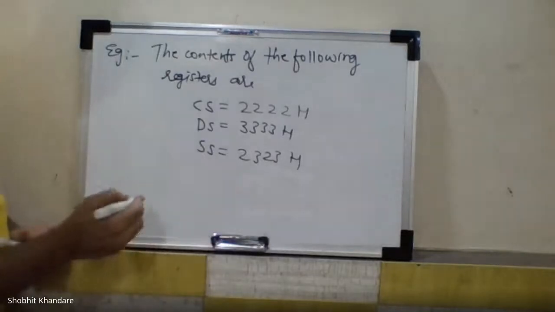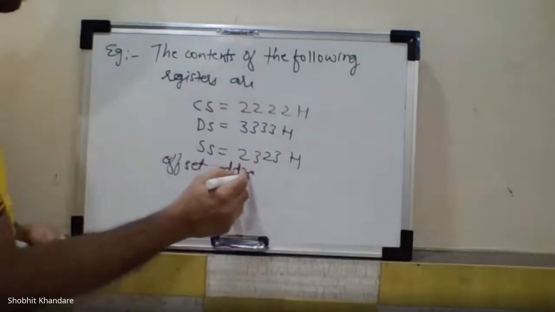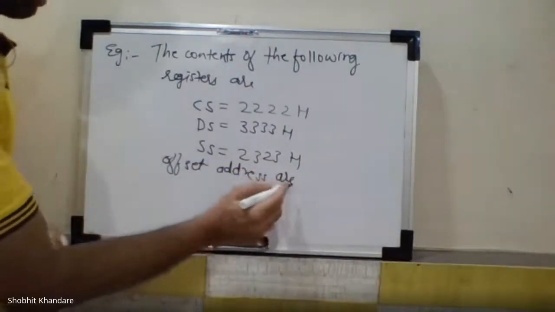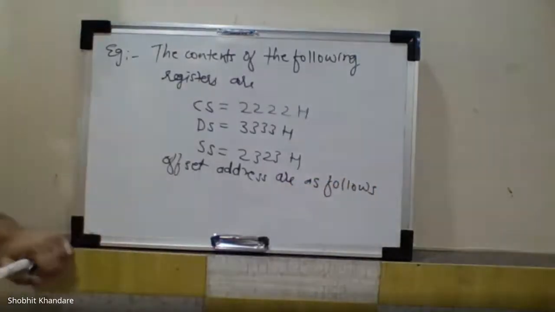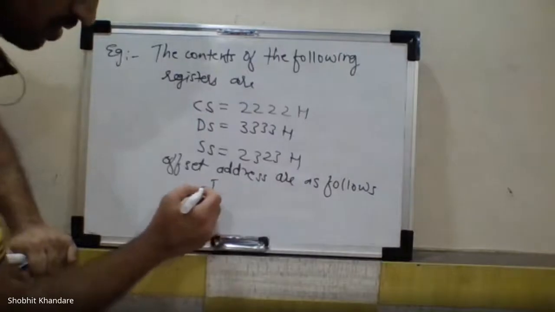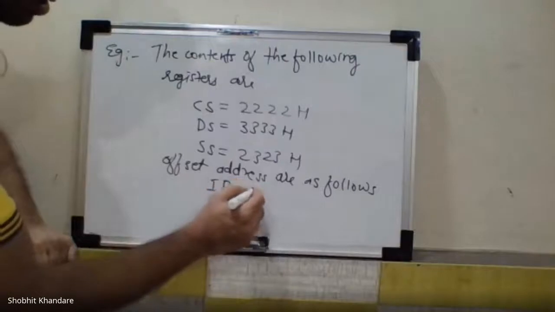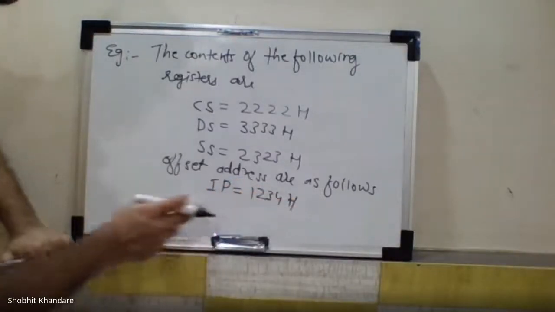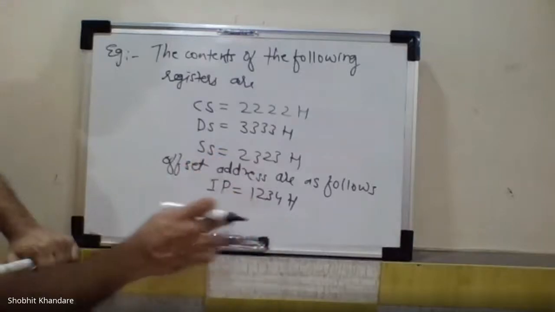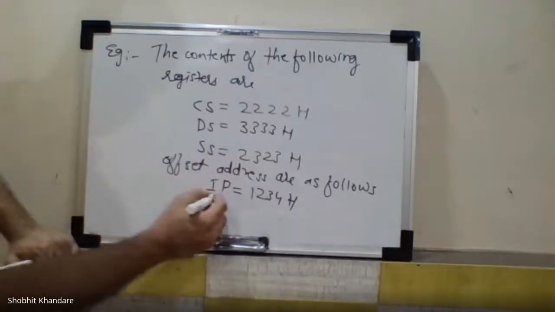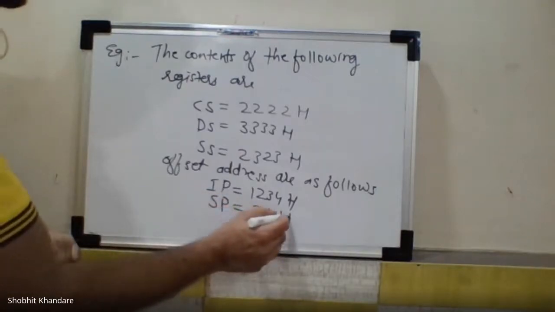Then the offset addresses are as follows. IP, the instruction pointer, is 1234H. You know that the instruction pointer is also 16-bit. Stack pointer SP is given as 3111H.